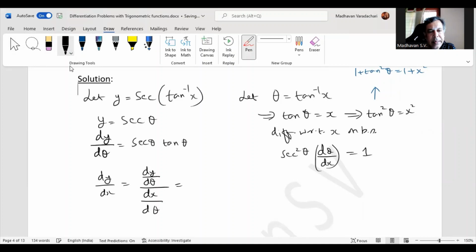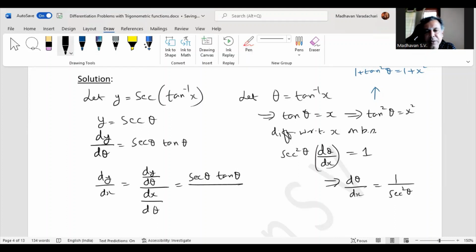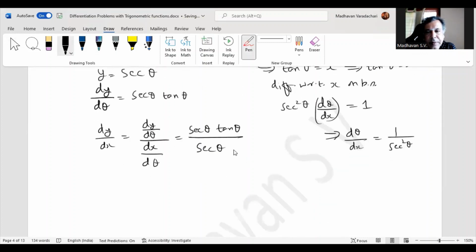So dy by d theta is secant theta tan theta. Dx by d theta: first of all, let me rewrite this. d theta by dx is 1 by secant square of theta. So dx by d theta will be the inverse of 1 by secant square theta, which is nothing but secant square of theta, that means dy by dx will be tan theta divided by secant theta.